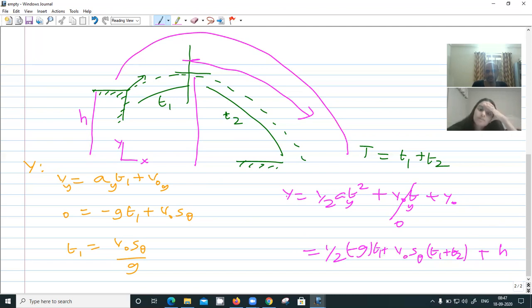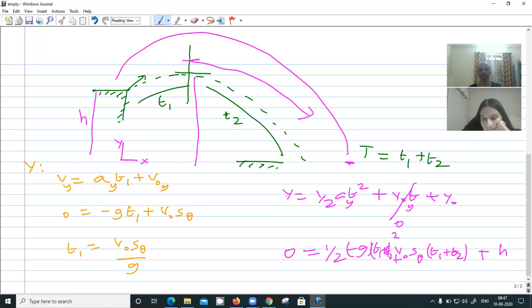So y equals v naught sine theta times t1 plus t2, minus half g times t1 plus t2 whole square plus h, and this final y is 0. From this I can get t1 plus t2. It's a quadratic equation.